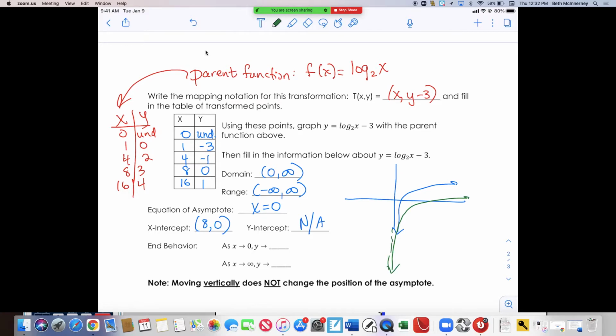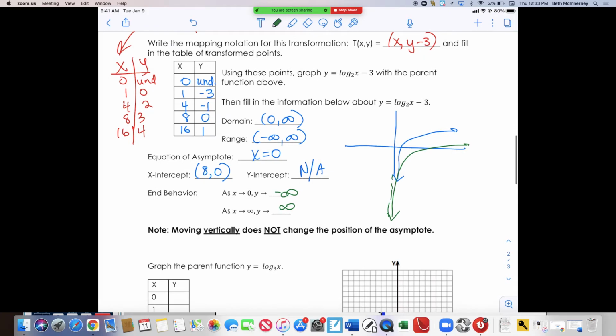So as x gets closer to 0, what does the y value do? Negative infinity. And as x approaches infinity, where does my y value go? It gets there, but it goes rather slowly. Note, moving vertically up and down does not change the position of the asymptote, and it does not change the domain. All right, questions on that?